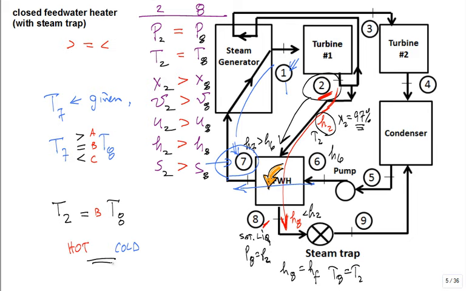From the hot to the cold, from the cold to the hot, or both ways? It goes hot to cold, doesn't it? Yes. This is just a dumb heat exchanger. I have a hot fluid stream and a cold fluid stream. The cold is always lower than the constant temperature hot fluid stream. So T7 is going to be less than T8.